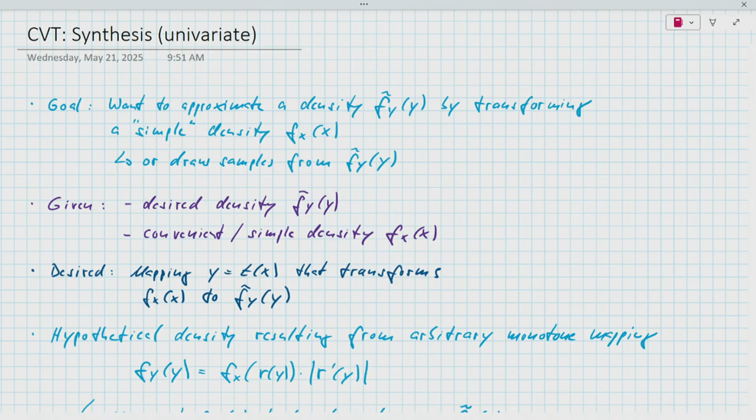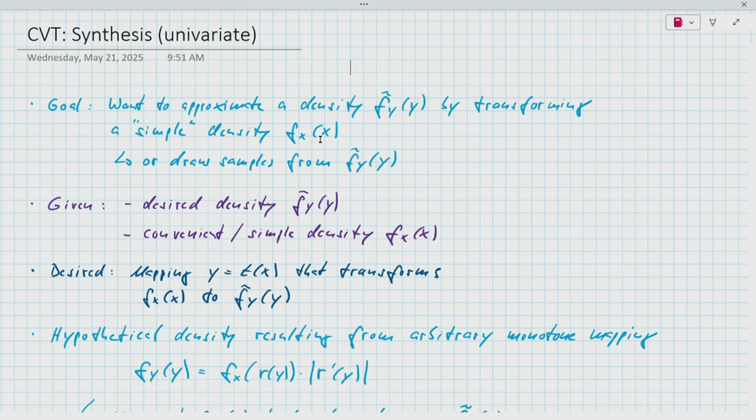So what is our goal? Our goal is to approximate a density y tilde by transforming a simple density to it. What we learned in the analysis is, when you are given a density and a mapping, how can you calculate the result, the fy?